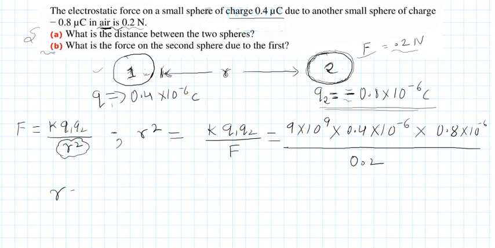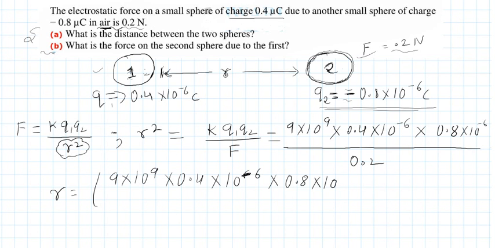Then r will be equal to the square root of 0.4 into 10 the power minus 6 into 0.8 into 10 the power minus 6 upon 0.2, with the power 1 upon 2, that is the root. After calculating, the value we get will be the distance.